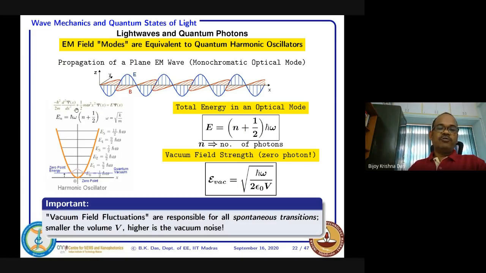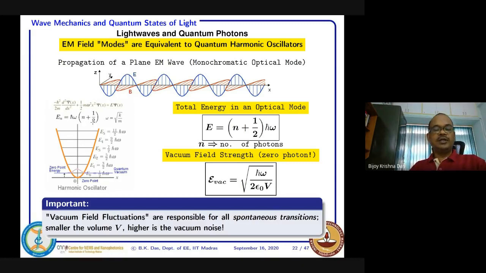So the Schrodinger wave equation is used to solve this. This wave function, psi x, can be called the state of the wave function of the quantum particle, and the energy solutions will be in this form.